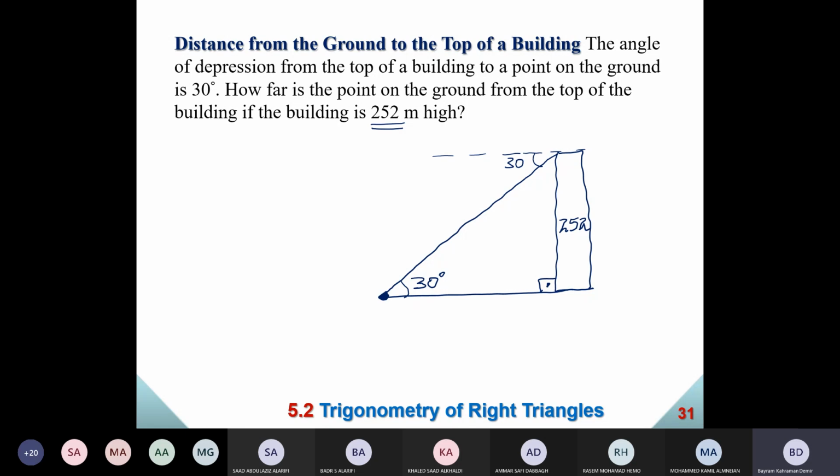Now what is the question? How far is the point on the ground from the top of the building? So which side of the triangle are they asking, Shabab? How far is the point on the ground from the top? Where do they ask? What do you think?